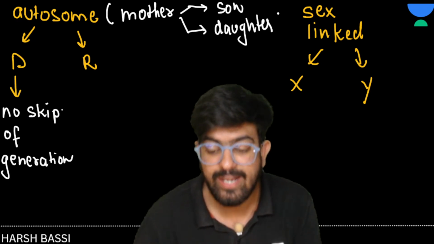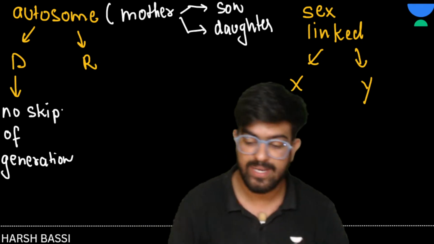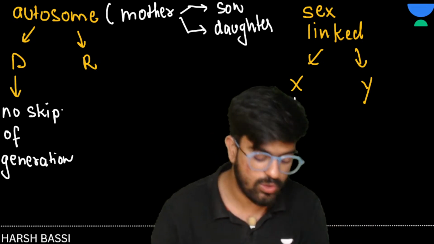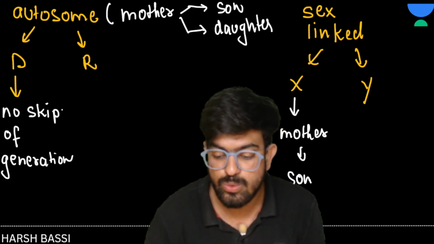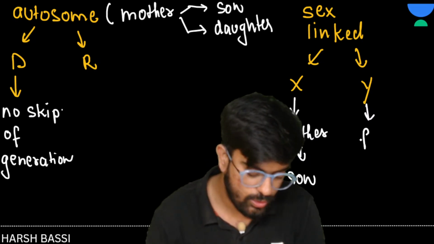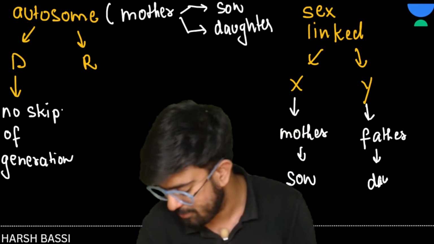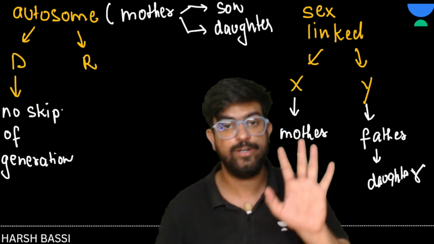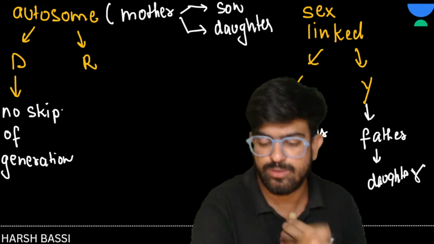But in sex linked, X linked disease, the disease will go from mother to son only, and in Y linked the disease will go from father to daughter only. Everything will be clear, don't worry. Right now it may seem like what is going on. When we solve the question, it will be clear immediately.